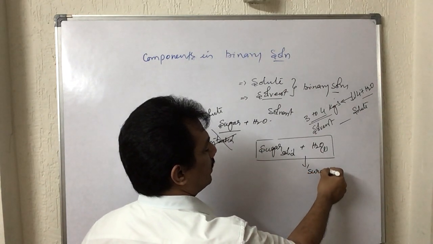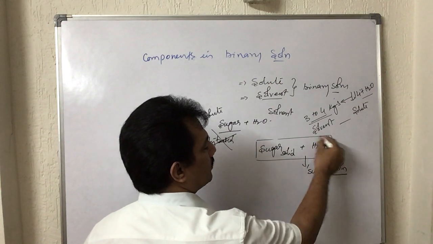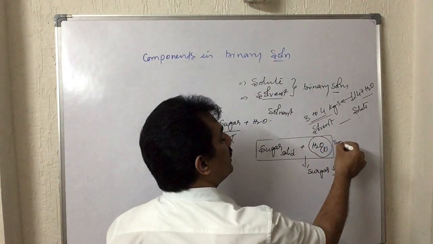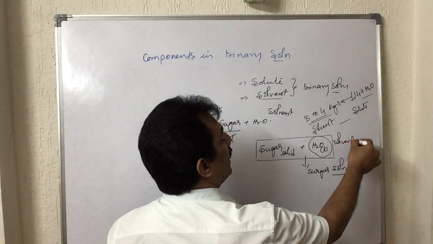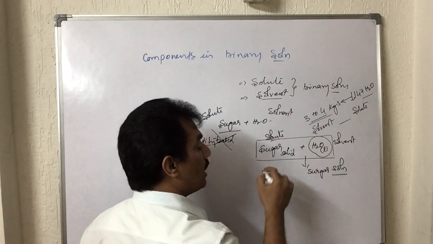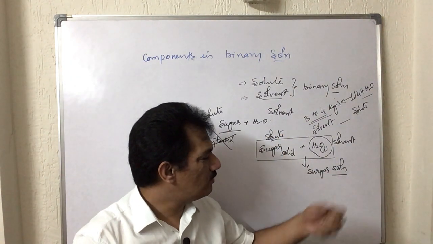In that sugar syrup, it is in liquid state, and that liquid is nothing but water. So here also water is solvent and sugar is solute, irrespective of the amounts taken.